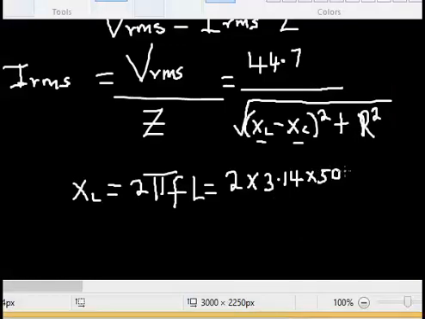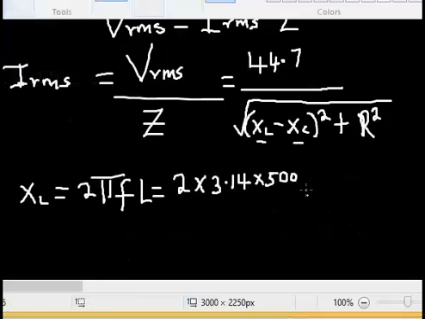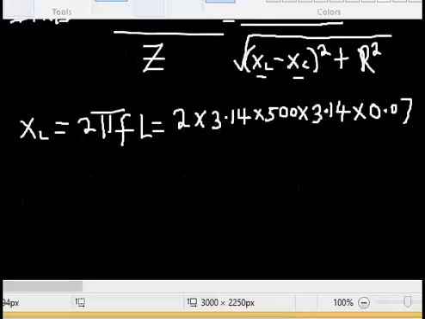This is really pretty long, so 500 pi times 3.14 again, then times the inductance now, which is 0.07. All right, so use calculator and do that.